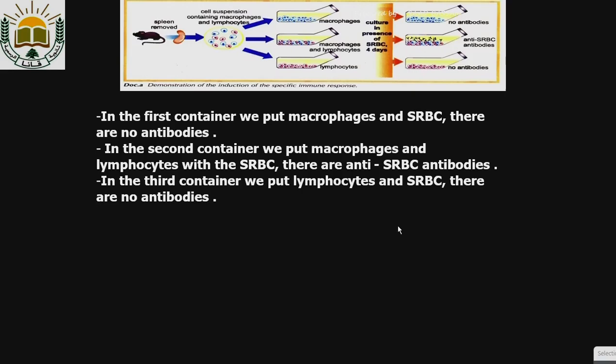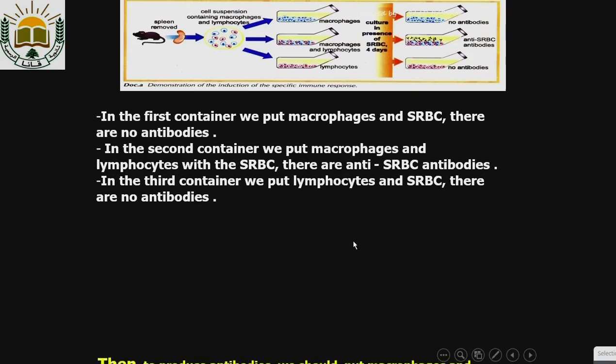Very simply, instead of writing three or four lines, instead of writing that the macrophages alone with SRBC cannot produce antibodies, and lymphocytes alone with SRBC cannot produce antibodies, but macrophages and lymphocytes together with SRBC can produce antibodies, you can write: to produce anti-SRBC antibodies, we must put together macrophages and lymphocytes with SRBC. That's it. The same idea, but with better language.